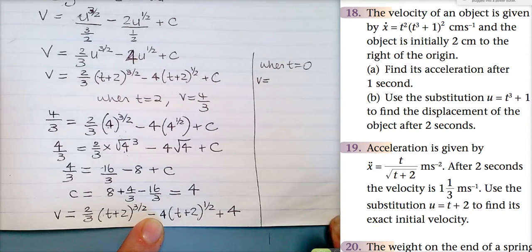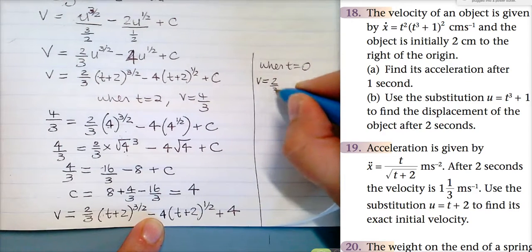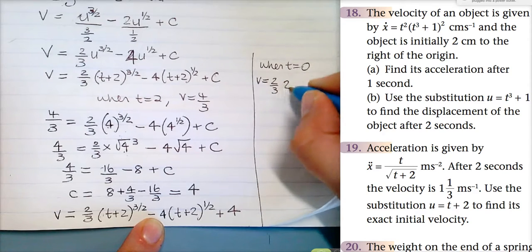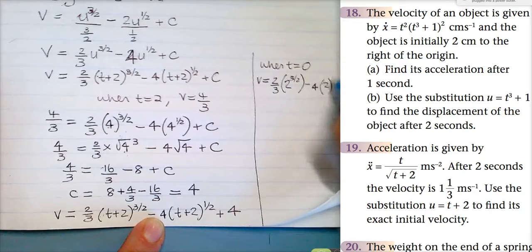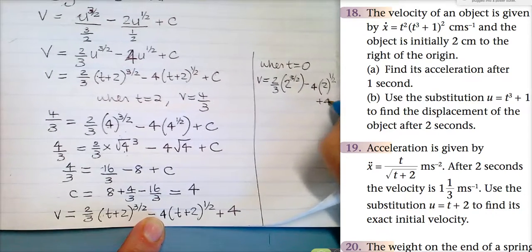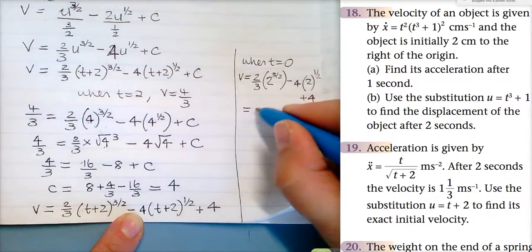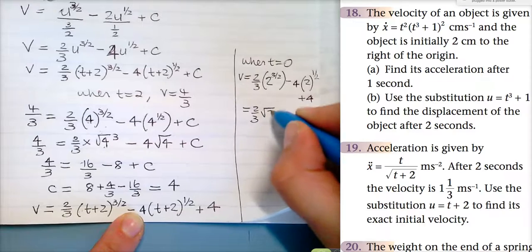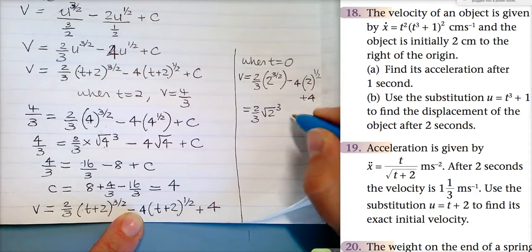Are we good? You get 2/3 2 to the 3 on 2 minus 4 times 2 to the half plus 4. 2/3 times the square root of 2 cubed. You're going to need an exact value as well.